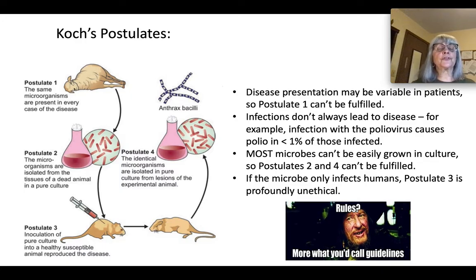So what they would do is take the tissue from the dead animal, because it was very fatal, and for postulate 2, that microorganism was isolated from the tissue and grown in a pure culture, because now they had the means and the media in which to grow these microorganisms.